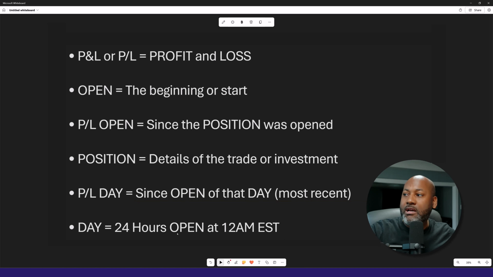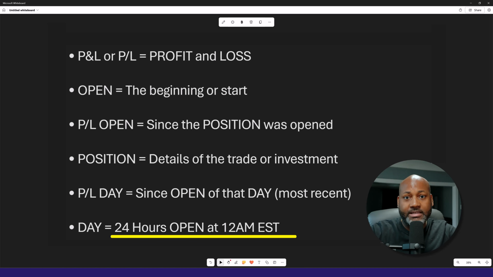Why? Because there are some securities that trade 24 hours a day, and that 24 hours begins at midnight, 12 a.m. Eastern Standard Time. So that's what a day means. And those are the nuances going on behind the scenes so you won't get lost. I needed to make sure you understood those other things about the market.